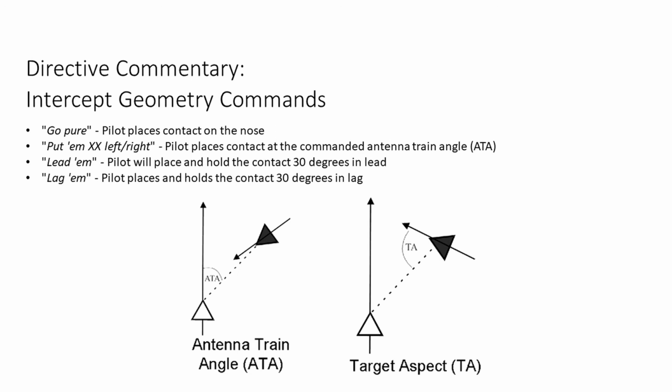We've got intercept geometry commands. Go pure is when we want the pilot to put the contact on the nose of our aircraft. Put him X left or right: we want to place the contact at the commanded antenna train angle, which we discussed in a previous video. Lead him: the pilot will place and hold the contact 30 degrees in lead. Leg him: the pilot will place and hold the contact 30 degrees leg.